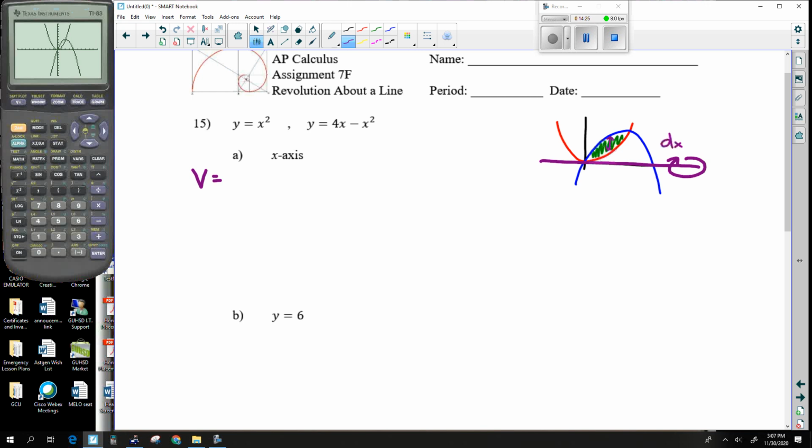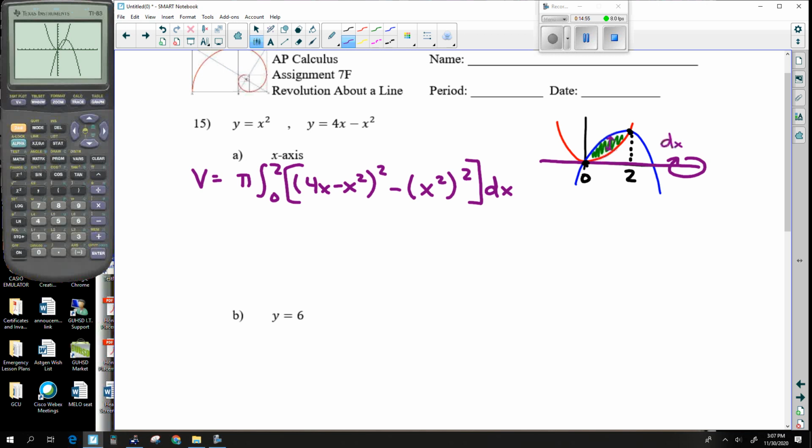The volume of this situation is going to be pi integral from 0 to 2 of the blue, which is the 4x minus x squared. So that's the big radius minus the little radius squared dx.